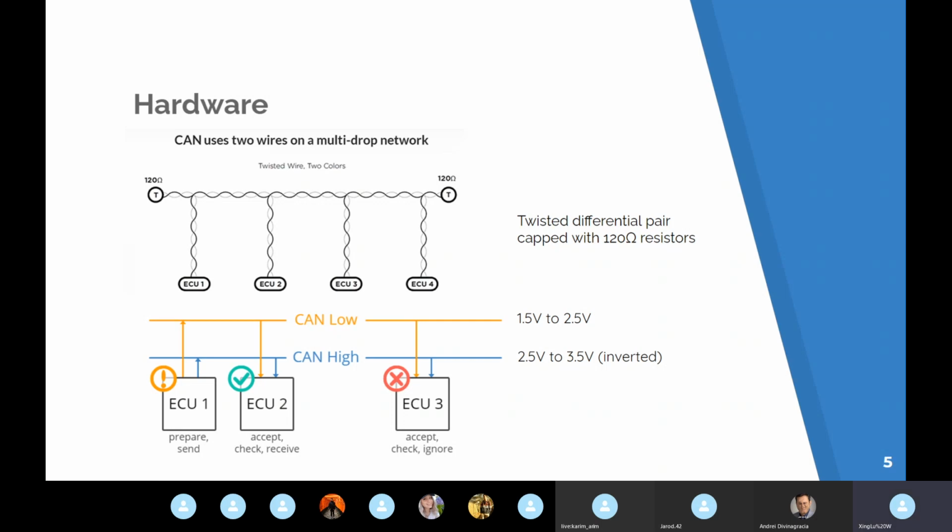Technically you can place these anywhere, but you just need to have 2 of them. And the configuration must always be like a bus, like this line. I know there's star configurations and circular ones, but CAN always is this bus.